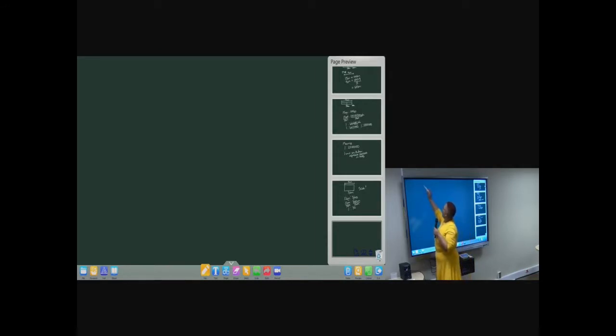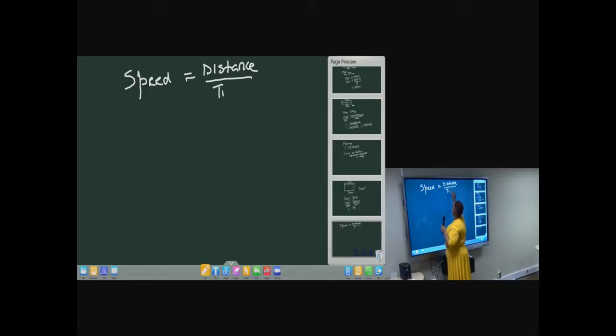The formula is familiar to those who are doing physical sciences. Speed is distance over time.